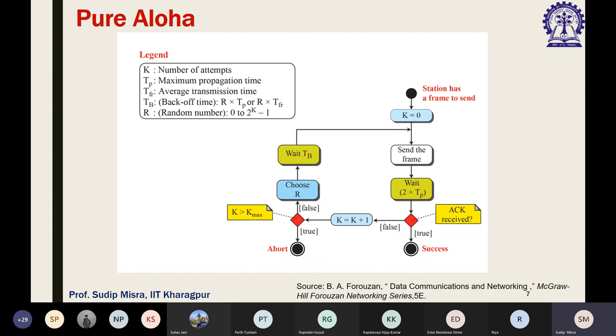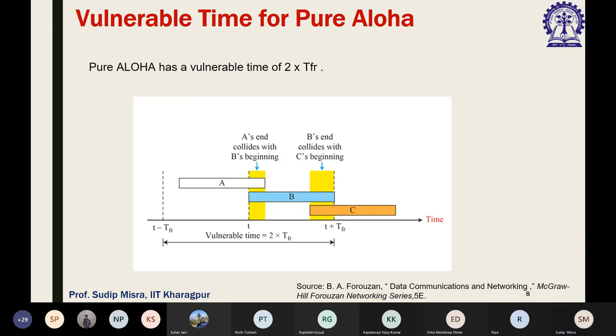So this is how, intelligently, pure Aloha, instead of trying to send the frames once again immediately on collision, suggests that you wait for a certain backoff duration of time and then you try to send the frame. Now, I was talking about this vulnerable time, right?